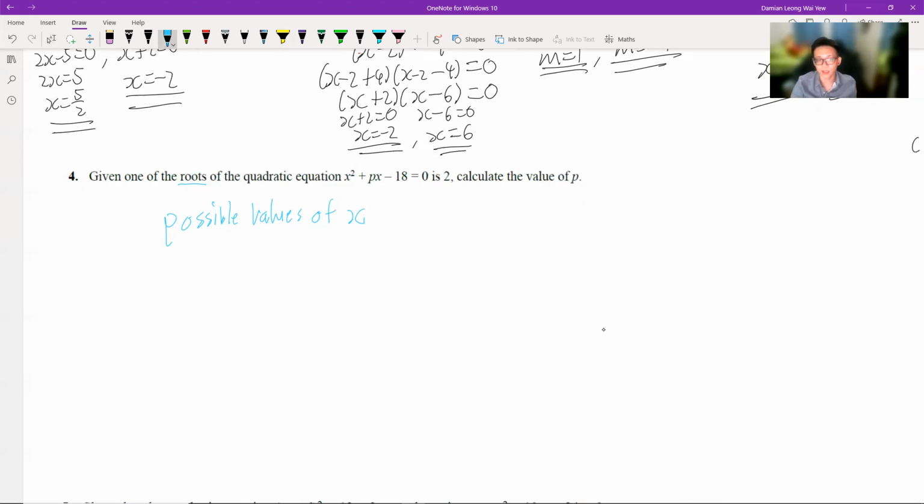So either way, it's the possible values of your unknown, the unknown that makes it a quadratic. P here is actually a constant. I just do not know what that constant is. The value doesn't change, but the x value changes.